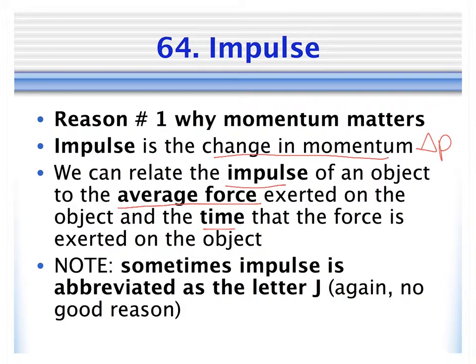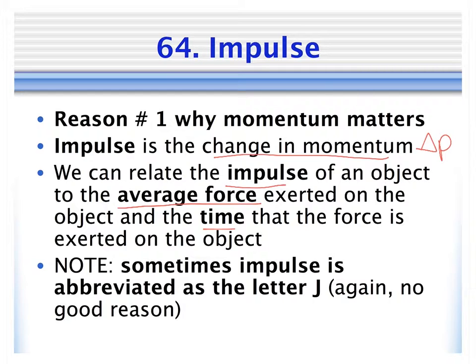So this idea of impulse, the change in momentum, allows us to analyze, usually collisions is how we're doing it, but it allows us to analyze situations where the momentum of an object changes and we can link it to the average force that led to that change.